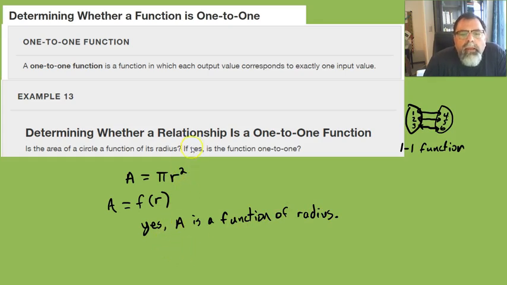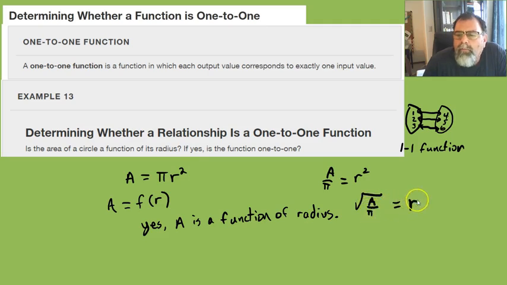And then B, if yes, is the function one-to-one? So let's work the other way. If I can get the r by itself and square root it, we're going to divide by pi. So A over pi equals r squared, and then we're going to square root it. So r equals the square root of A over pi.